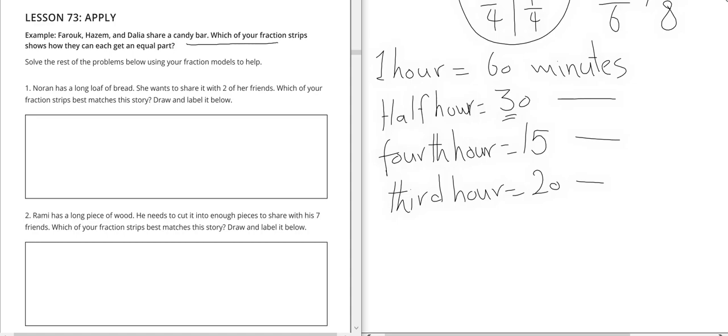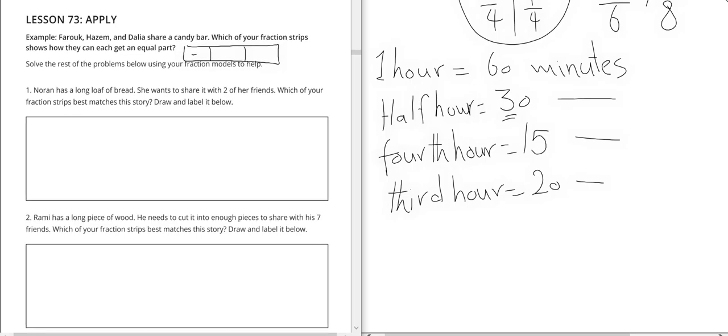They have a candy bar. Okay, how many friends? Farouk and Hazem and Dalia. 3 friends. They get an equal part for each one. 3 thirds. We divide it into 3 thirds. Third, third, third.